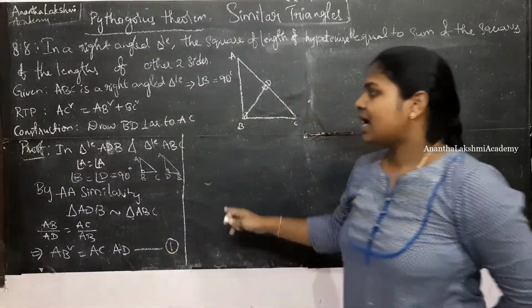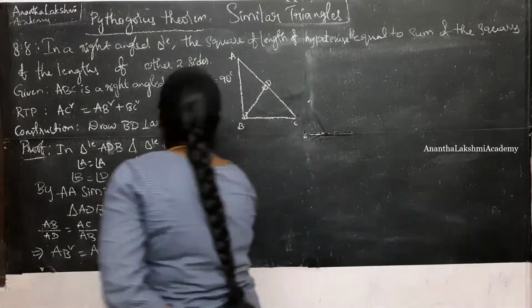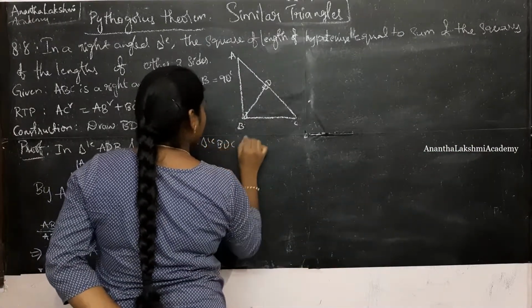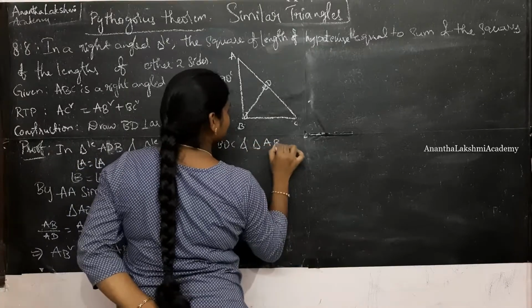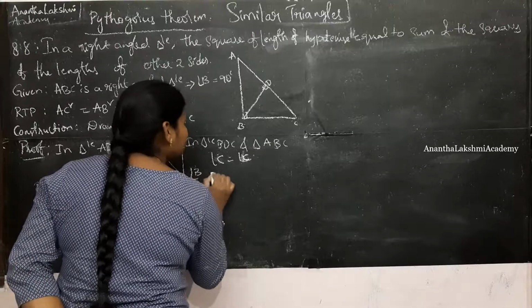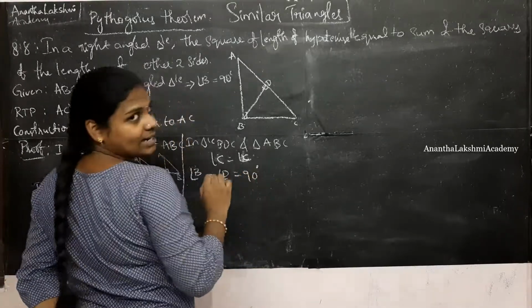Now, let us look at the other triangle BDC. In triangle BDC and triangle ABC, angle C is common and angle B is equal to angle D is equal to 90 degrees in both the triangles.